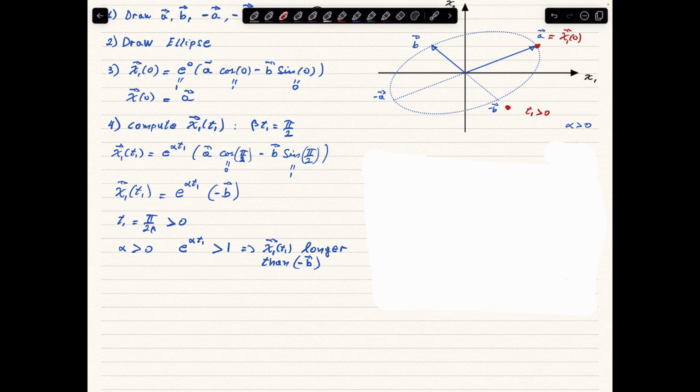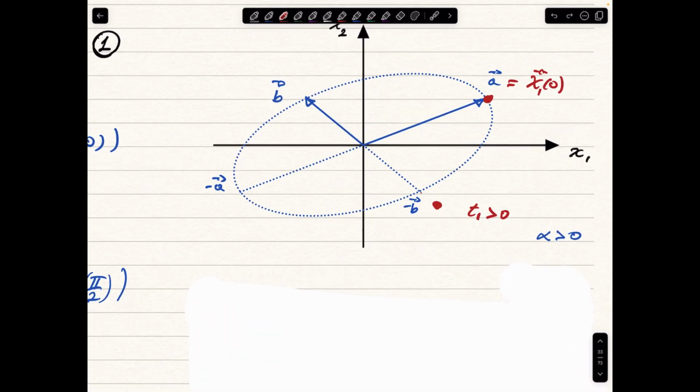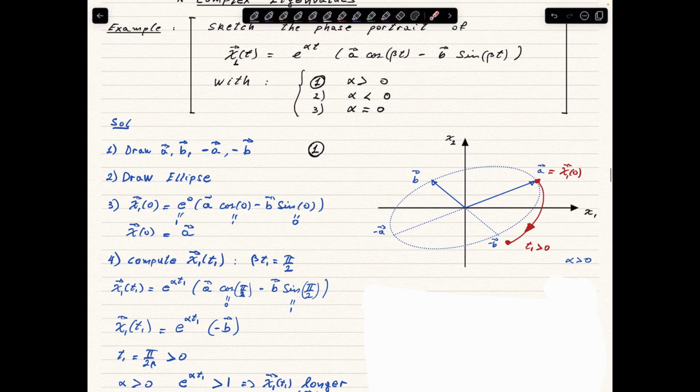So that means that the solution has to move from here all the way up to there. And it's a continuous solution. So what it has to do is move like this. Oh, well, not like that. A little bit better than that. Like this. And this is the direction of increasing time. It's a curve like that. When we keep giving values for t, this part here is going to create a rotation, and this factor here an expansion.